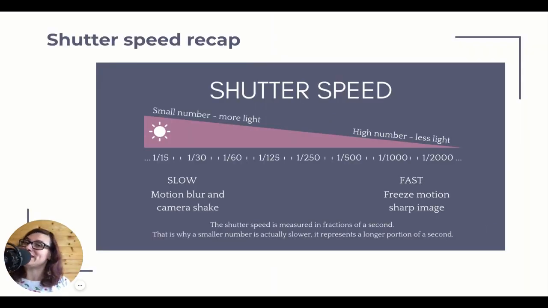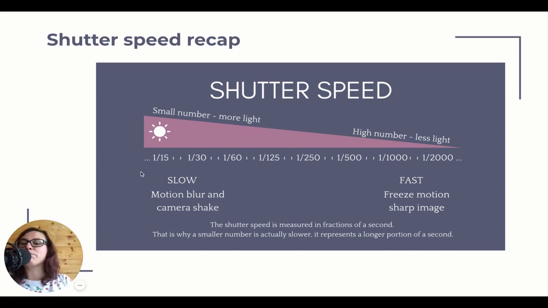So, to recap shutter speed, here's a little cheat sheet for you. Shutter speed measures how fast or how slow the shutter curtain opens and closes to let the light in. Since it's measured in fractions of a second, a smaller number is slower, while a higher number is faster.